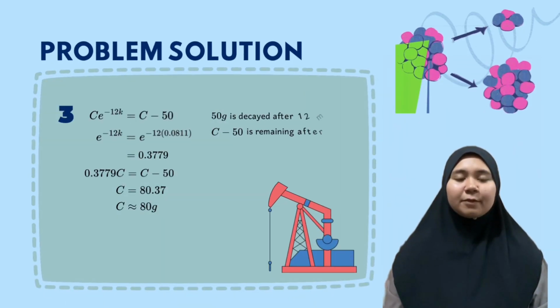Next, from the second information, we know 50 grams decay after 12 minutes, and the remaining we can put as C minus 50, and then we substitute the value of k that we got earlier, and finally get the initial amount, which is 80.63 grams.